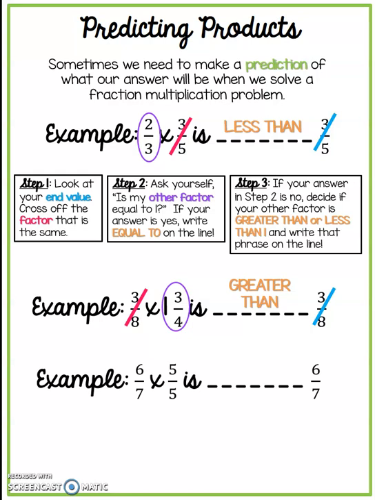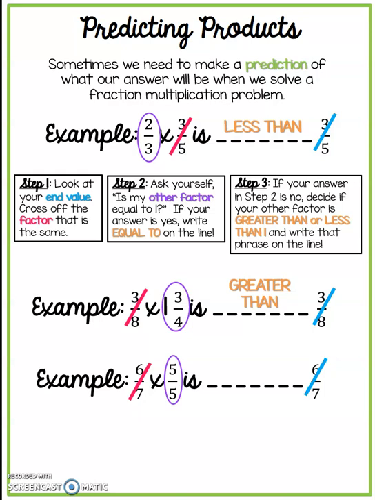We could also see 6/7 times 5/5 is blank 6/7. In this case, my ending value of 6/7 is the same as my first factor, so I'll cross both of those off. Now, my second factor of 5/5 is what I need to use to help me decide. 5/5 is the whole number 1 in disguise.